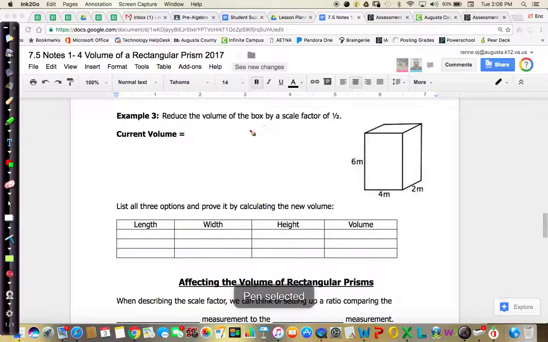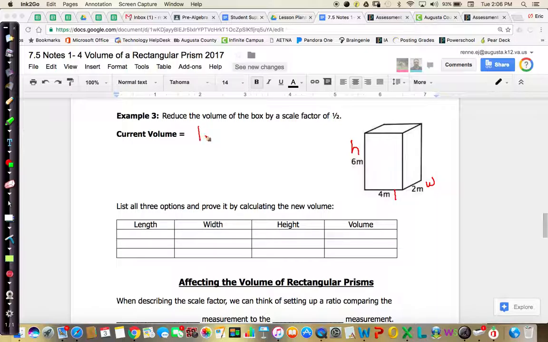So, we want to reduce the volume of the box by a scale factor of 1/2. So if we want to reduce the volume, it might be helpful to actually calculate the volume. So remember what I told you before. If the length, the width, and the height is not labeled, then put an L next to the length, a W next to the width, and an H next to the height.